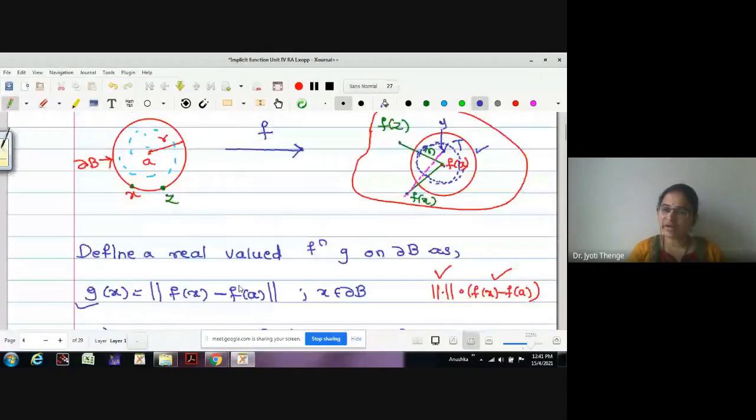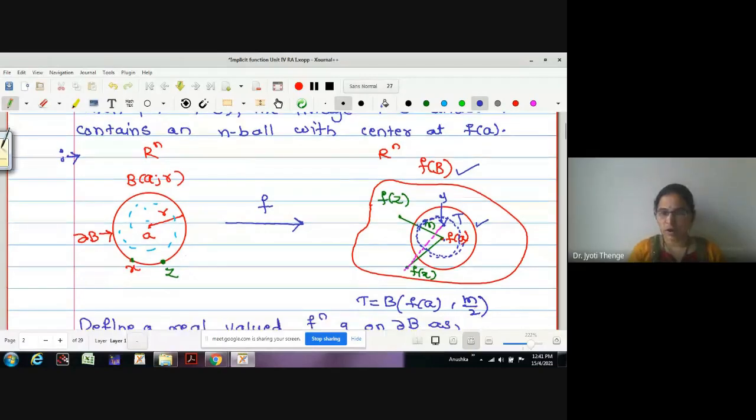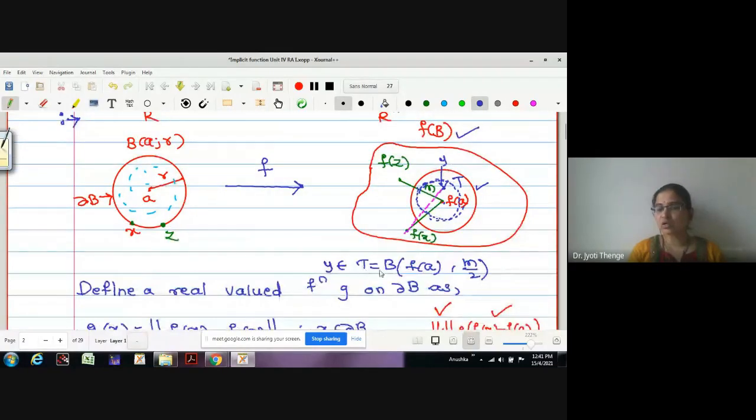Y is one point in T. T is an open ball. What is T? T is a ball with center at f of A and radius m by 2. And y is a point in T. Y belongs to T. Then what is the distance between y and f of A in terms of m? M by 2.